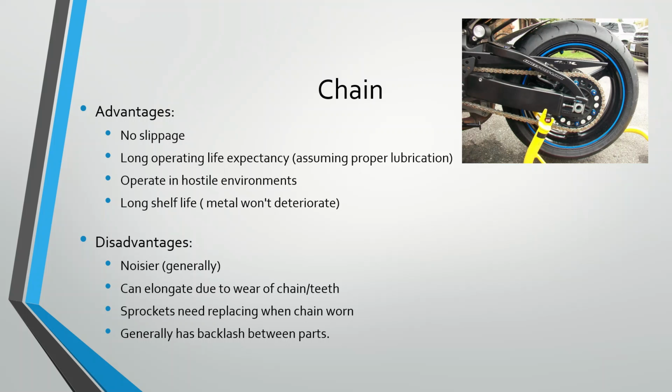Chains are extremely durable, and they can operate in very hostile environments. So, for example, a chainsaw uses a chain with teeth on it. I would say that would be a fairly hostile environment compared to anything else that you would have.